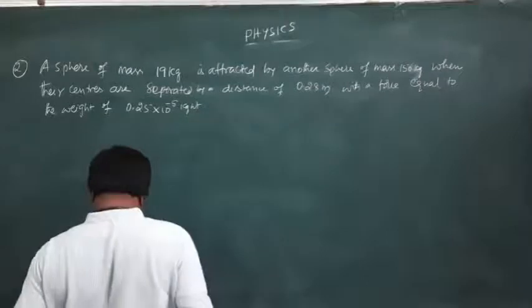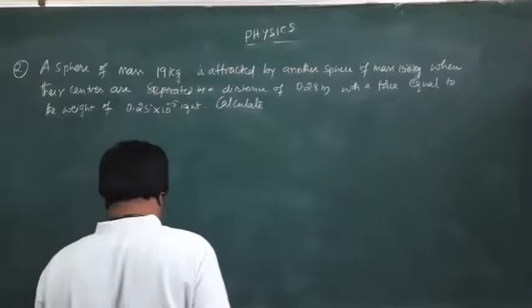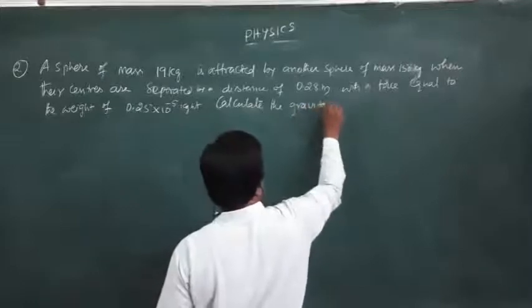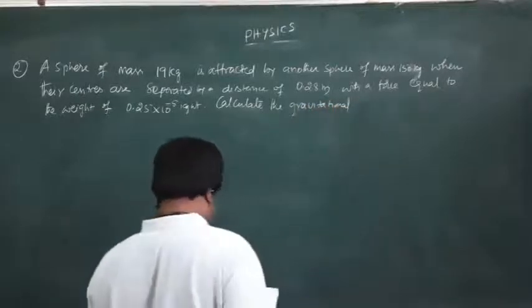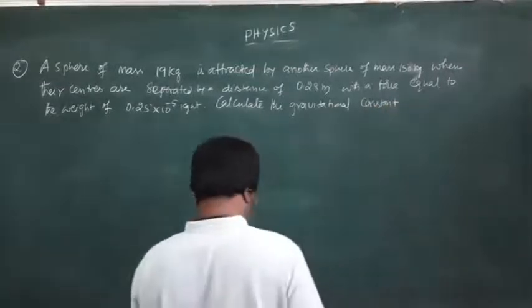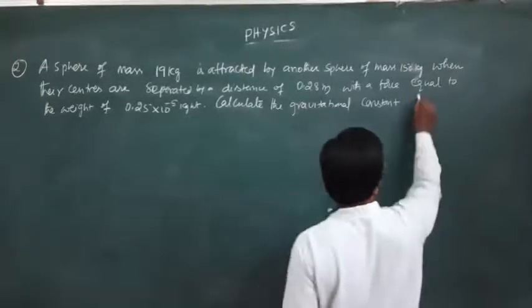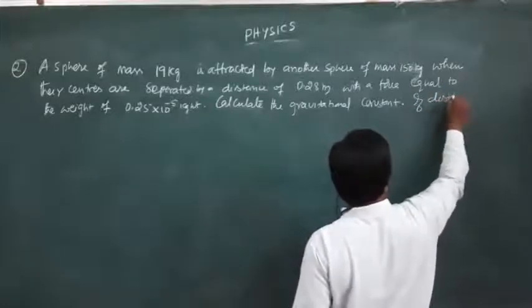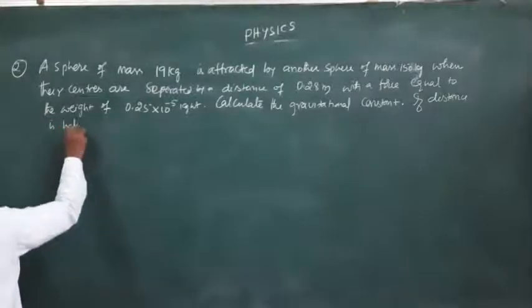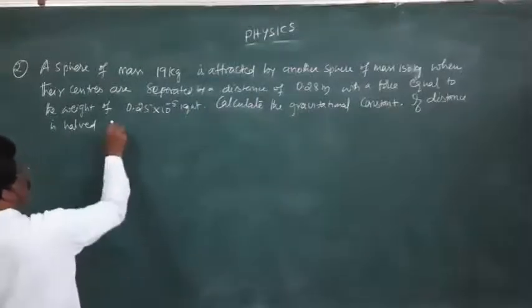Now you are asked to calculate the gravitational constant. Then, if the distance is halved, what is the new force?